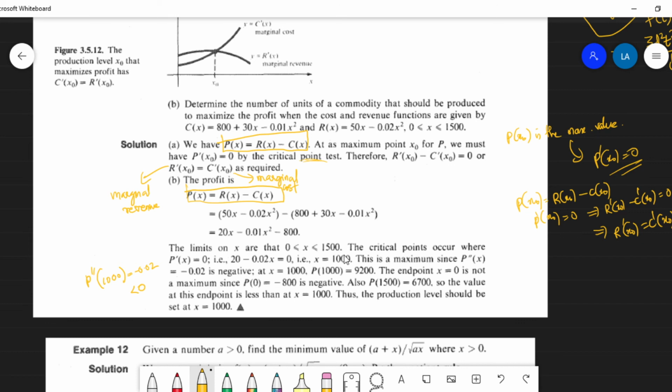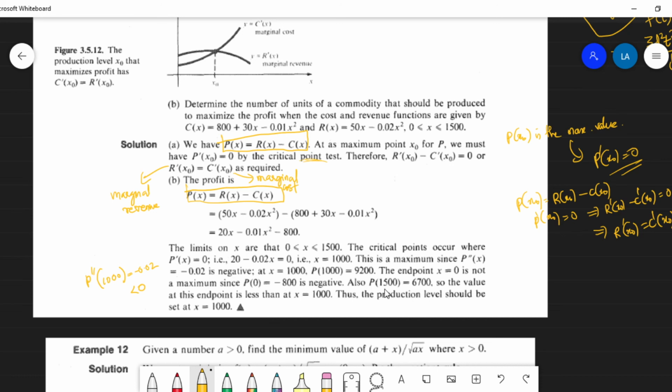So usually when you check for critical points, you also check for the boundary points. So at x is equal to 0, P of 0 is equal to minus 800. Okay. And that is a negative quantity. And we already said that P of 1000 is equal to 9200. So this cannot be taken as a maximum point.